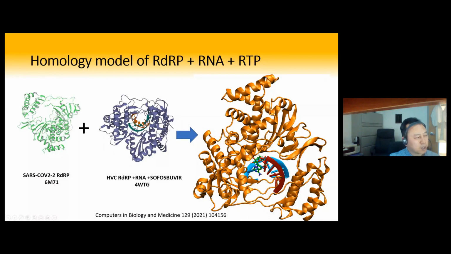We can put those into the site and build a structure holding the active site for the drug remdesivir, and then we can put remdesivir here. So this is the homology model we built, and this is where we put the remdesivir drug in. We want to learn more about how this drug works, and then use that idea. Can we find some alternative drug?